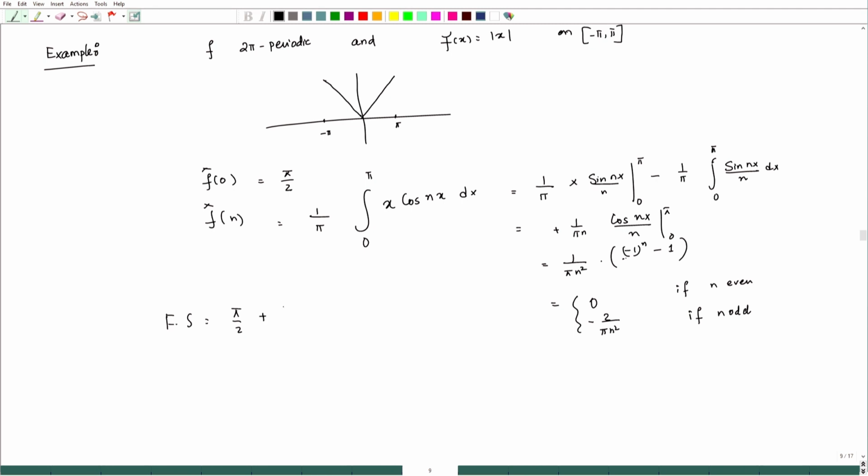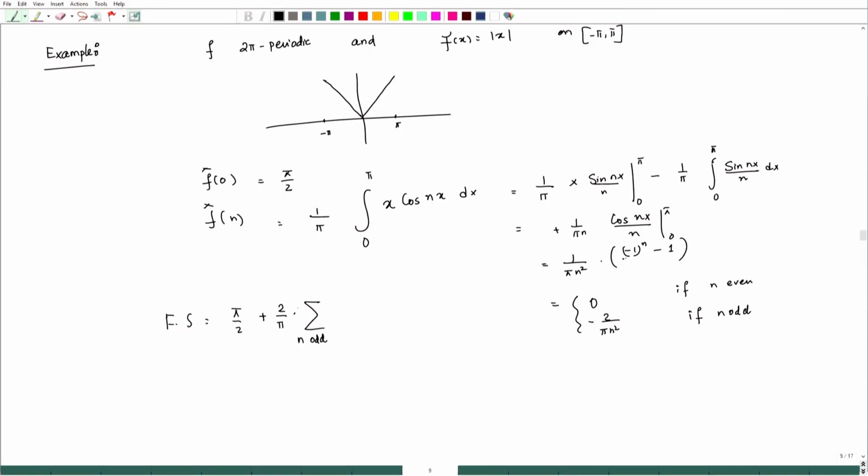2 by pi summation over n odd, and remember that this is from minus infinity to infinity.